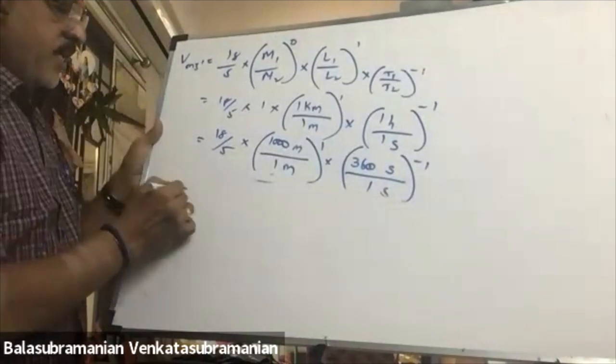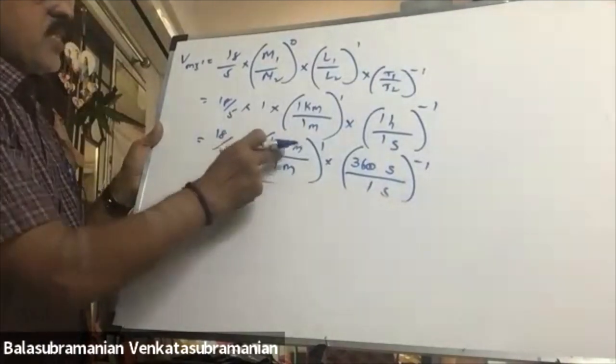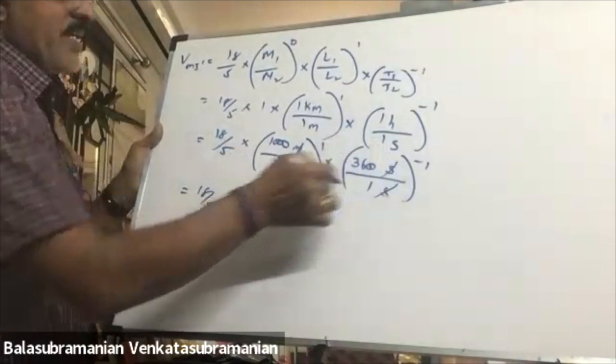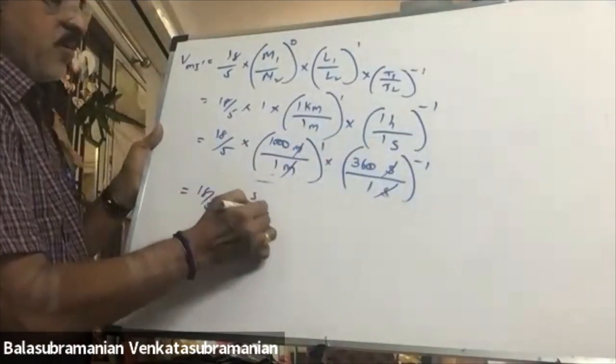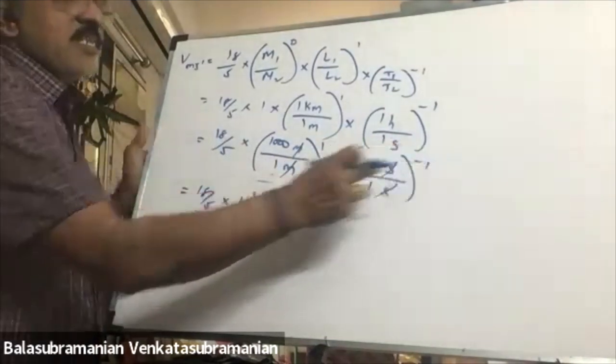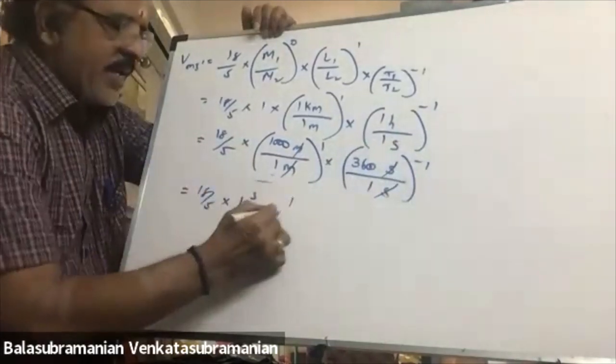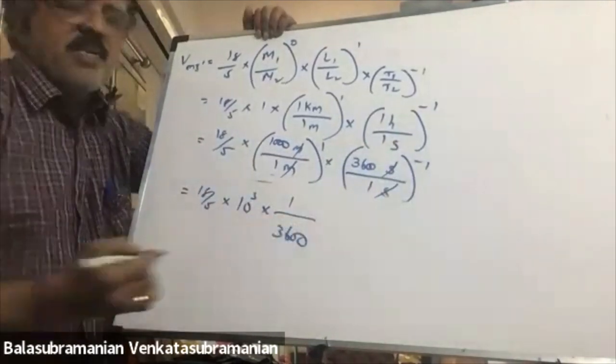So 18 by 5, 1000 meter cancel, second cancel. 1000 is 10 power 3. 3600 power minus 1, I can write it as 1 by 3600.